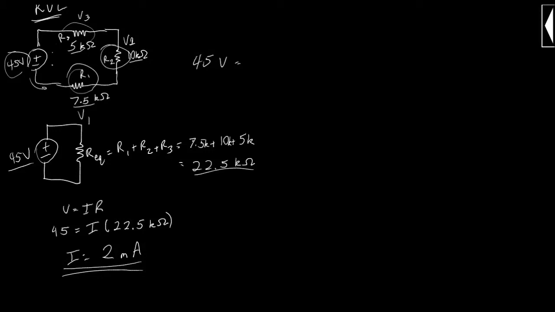Okay, so start with R1. For R1, the voltage would be, say V equals IR. What do we want to find here? Voltage. So we take the current of 2 milliamps, multiply it by 7.5 kiloohms, and this is just the voltage at R1.